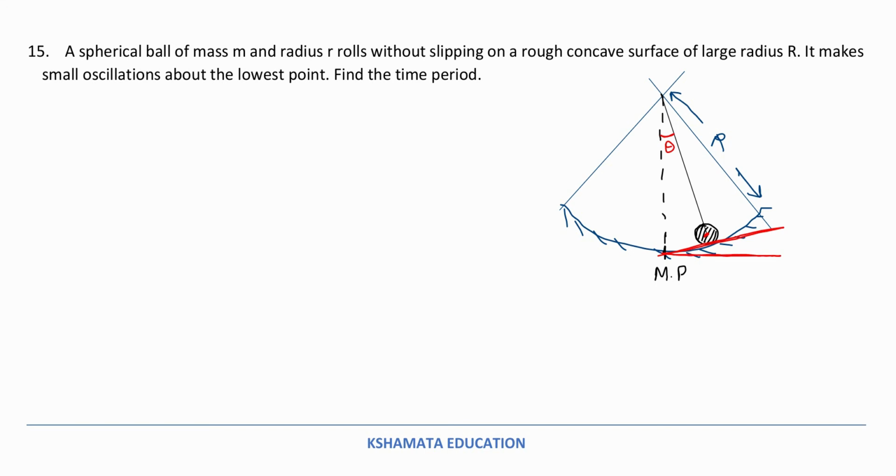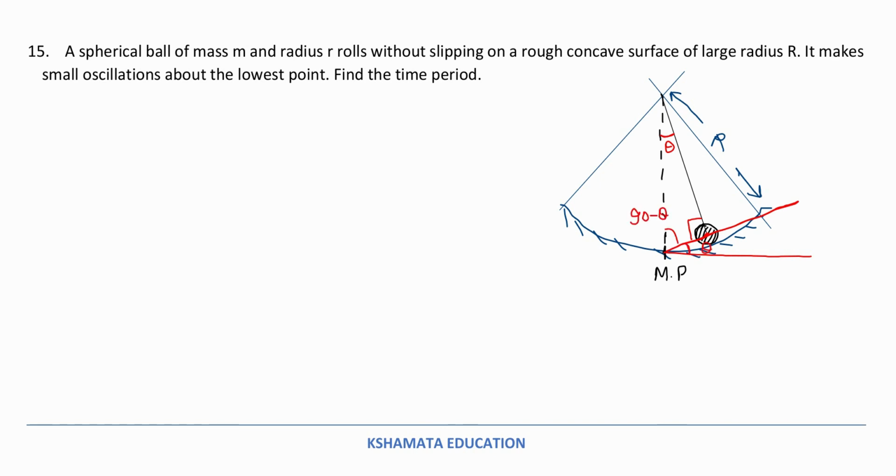Now try to understand the concept which I am trying to teach you over here. I am drawing a tangent at the center of the sphere. If I draw the tangent at this point, then this angle is 90, this will become 90 minus theta, and eventually this will become theta.